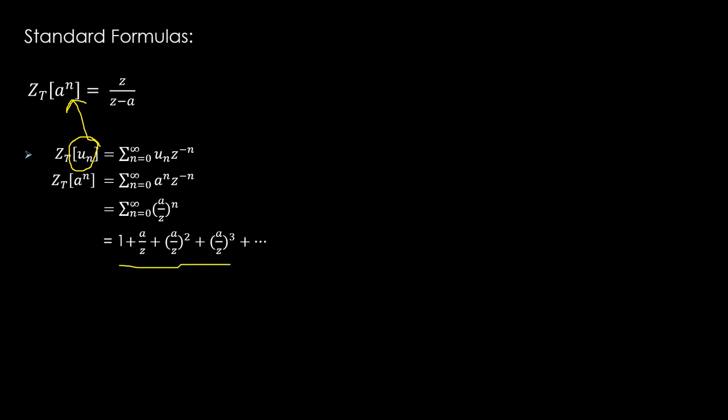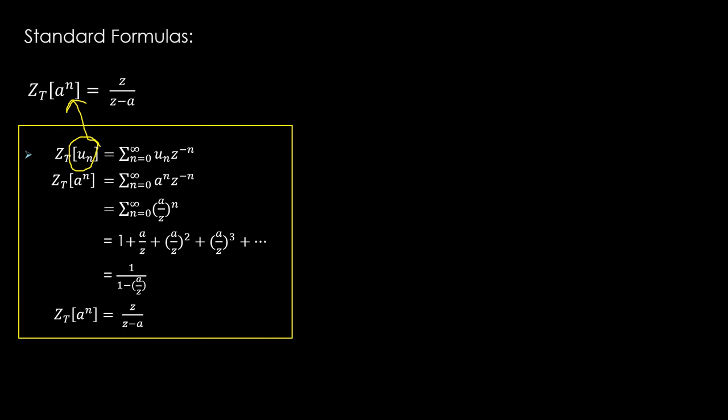This is nothing but the geometric series, and you know the infinite sum of a geometric series is given by 1 divided by 1 minus a by z. Do the simplification. You will get Z transform of a power n is z by z minus a. However, the proof is not required for exam. Okay, we will see the example now.